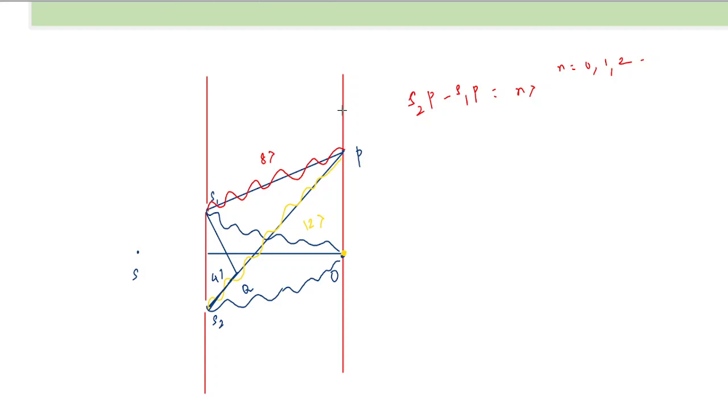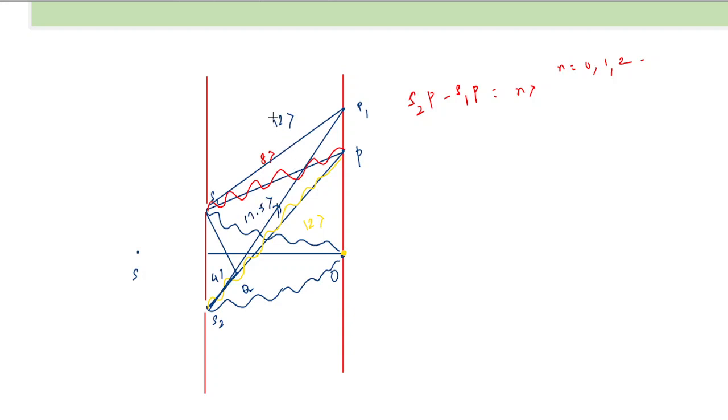Similarly, if we take a point somewhere here, say point P1, and the distance between S1 and P1 is, say, 12 lambda, and the distance between S2 and P1 is, for example, 17.5 lambda.